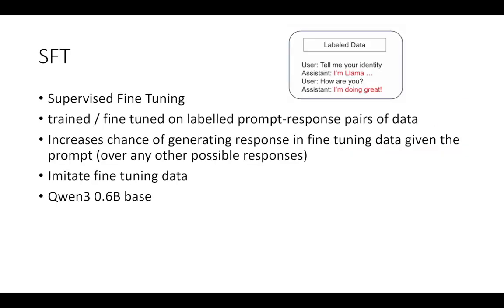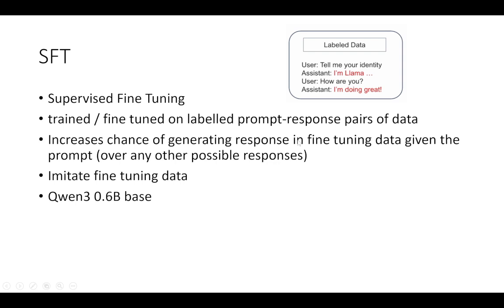Okay, so SFT is supervised fine tuning. Here, what you have is labeled data, with labels on the data, whether it's a user prompt or an assistant response. So "tell me your identity" would be labeled as a user prompt, and "I am Llama" would be labeled as an assistant response.